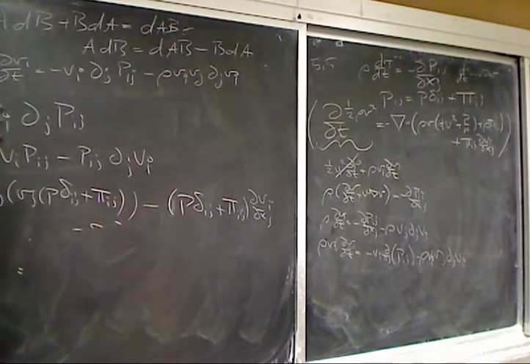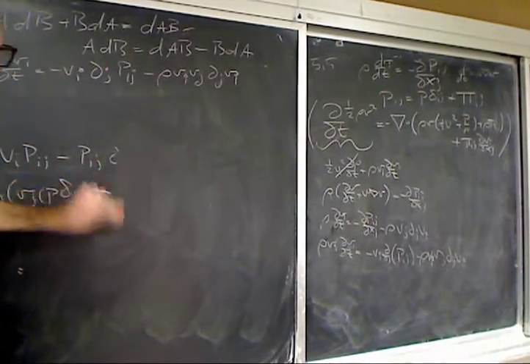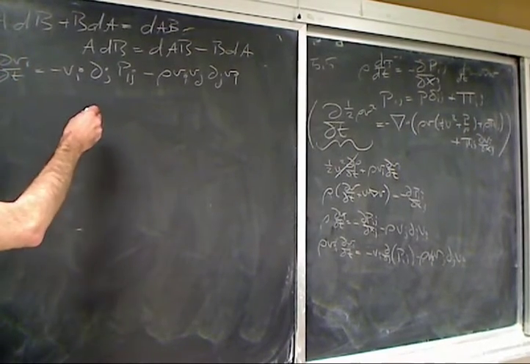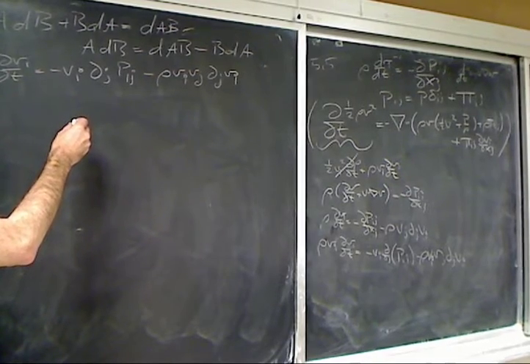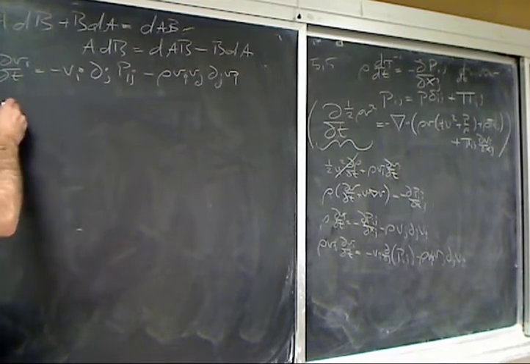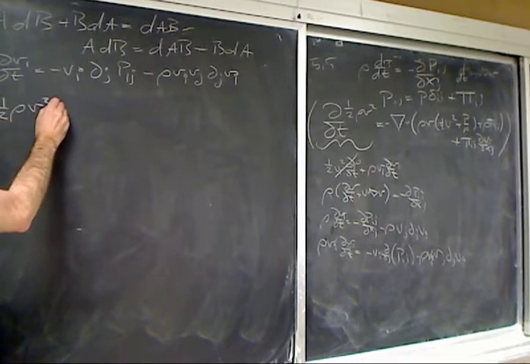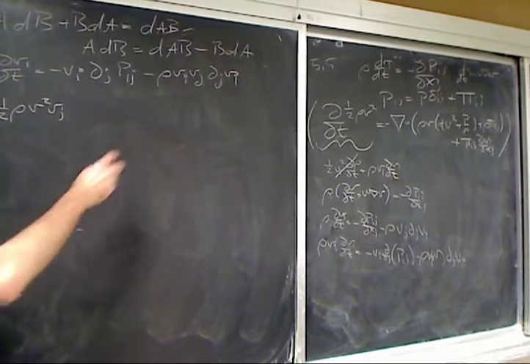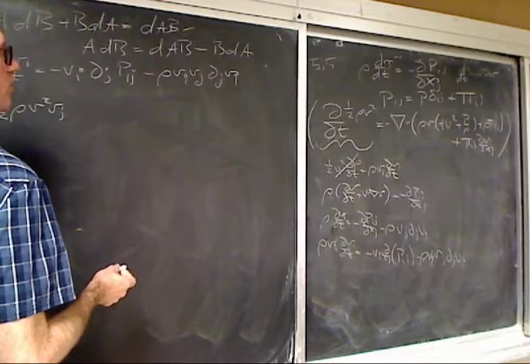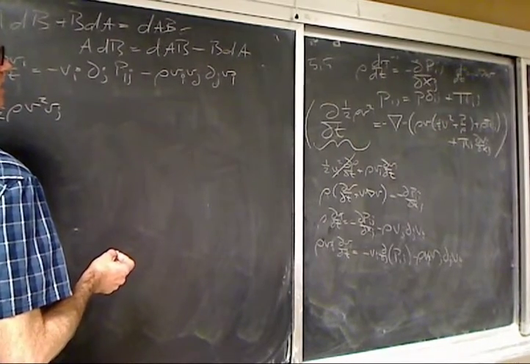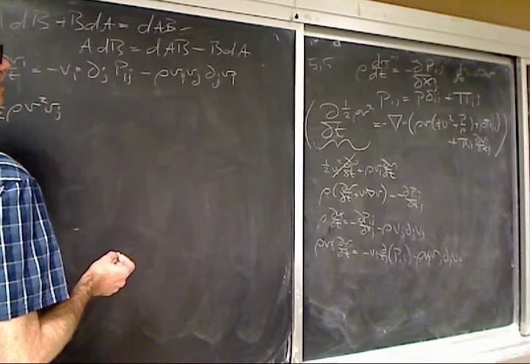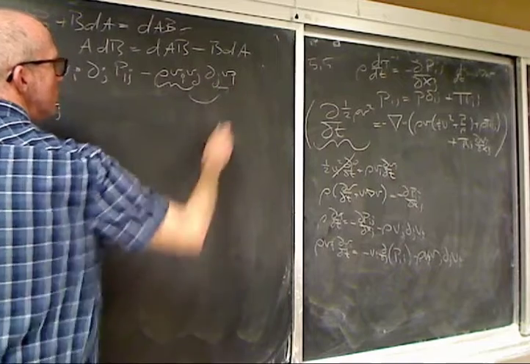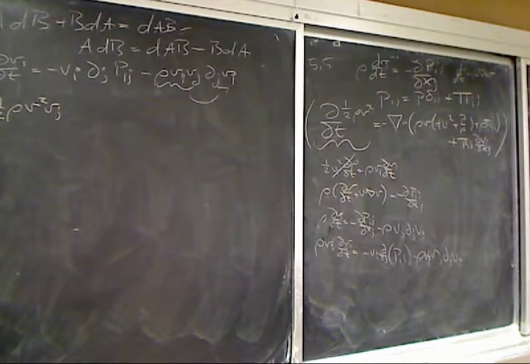So then we need to deal with this last term. What is it that we need this to turn into? This needs to look like a 1/2 ρ v squared vj, because we'll have a ∂/∂j. And you can see that I'm going to have all three of those when I bring them inside. So I have these, and they go, and I integrate by parts again, and they go inside.